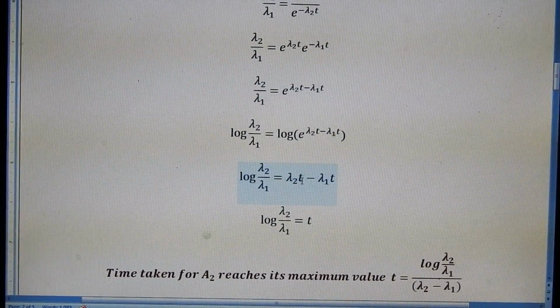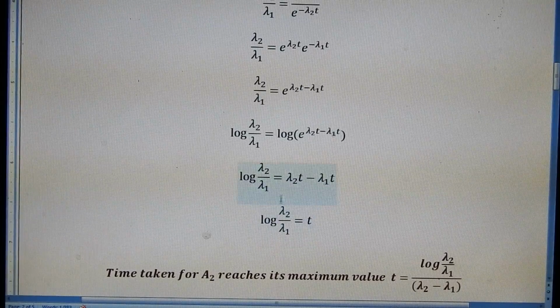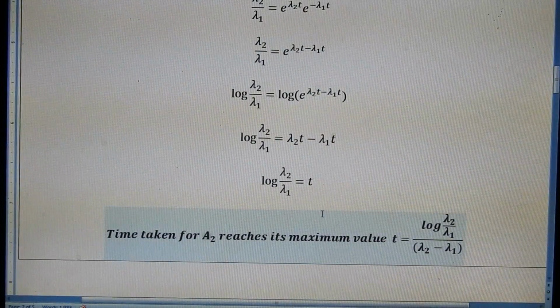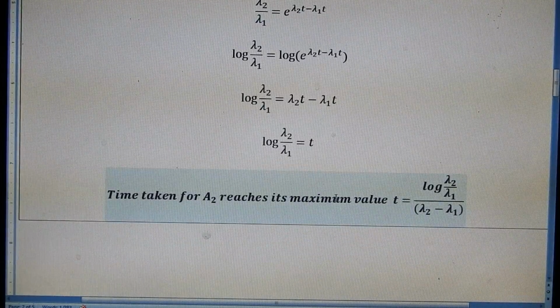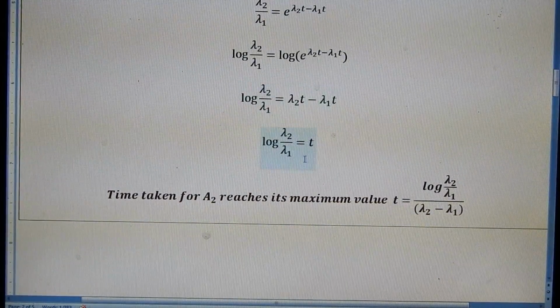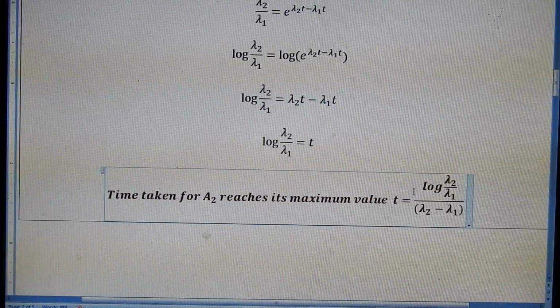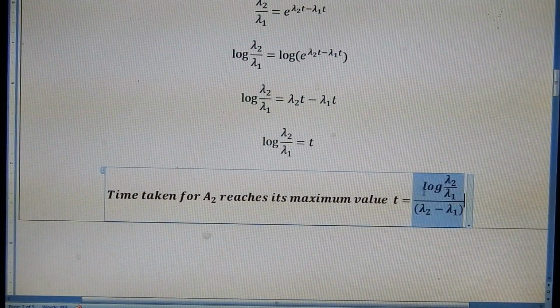Then taking t common, we get the same term like this.